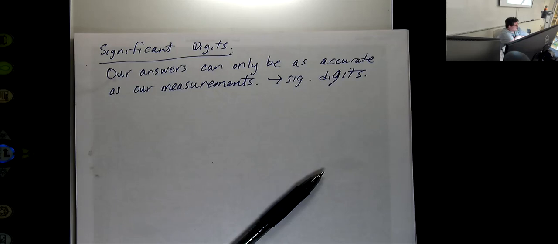So when you do a measurement, what's best, to round up or down? Usually round to the appropriate rounding, like up if it's above half and down if it's below half. But it's specific to the thing.